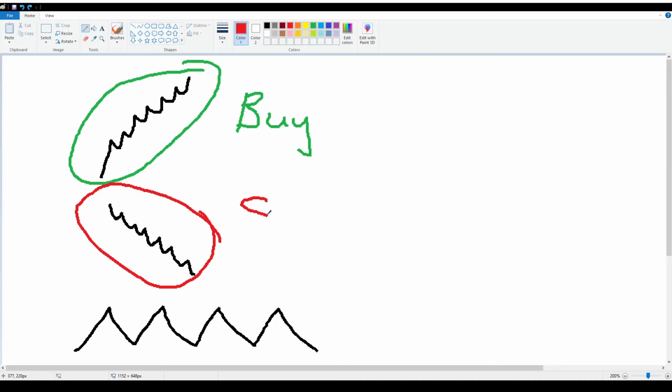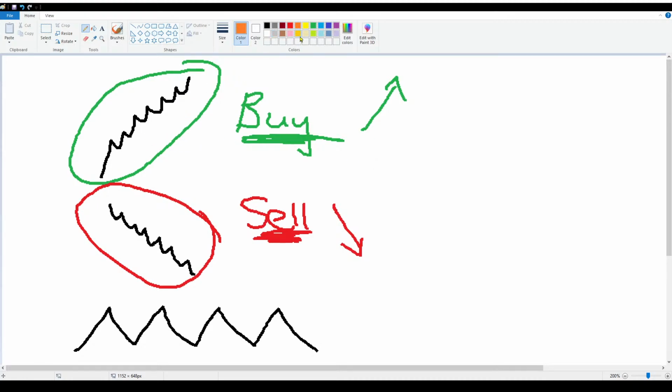And for a sell signal, we want to find a downtrend so that we can open up our sells, because now the market is most likely to drop. In a downtrend, you want to be looking for sell signals because the overall market direction is down, and in an uptrend, you want to be looking for buy signals because the overall direction is up. That's basically what we're looking for.